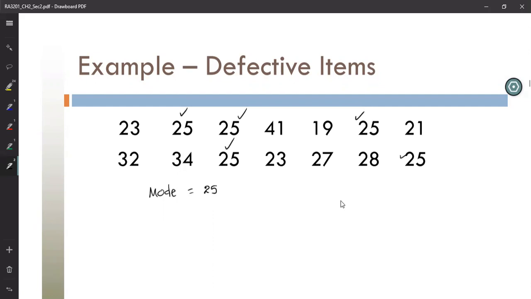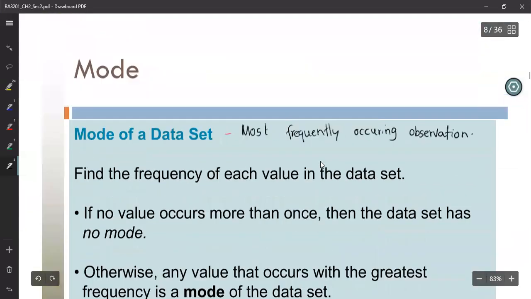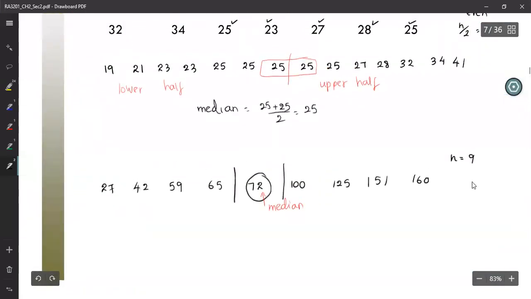So for a given data set, you may end up with only one mode, that is unimodal, two modes, bimodal, or more than that, that is multimodal. Or sometimes you will end up with data sets where you cannot find a mode. That means all the observations appear only once, like the example I gave you to find the median with only 9 observations.